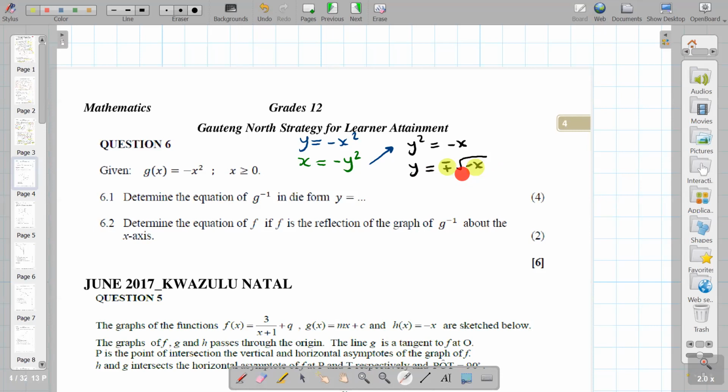But if we have root of negative x, that means for negative x to be positive, x itself should be negative anyway. So there's nothing wrong. Just imagine if x is negative 4, then negative x is 4, so it's fine. When x is negative 4, any negative x value, we don't have any problem with that.